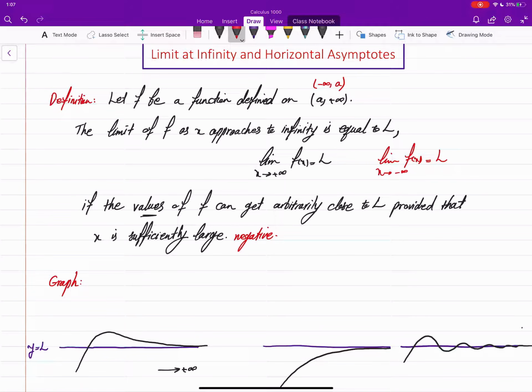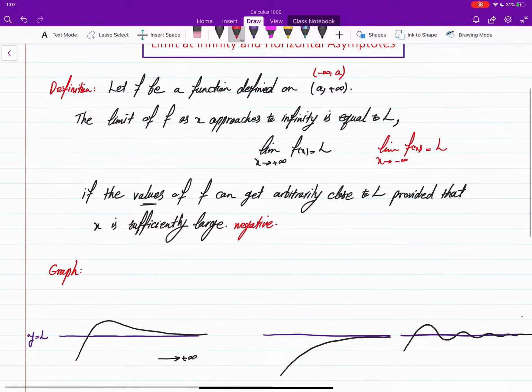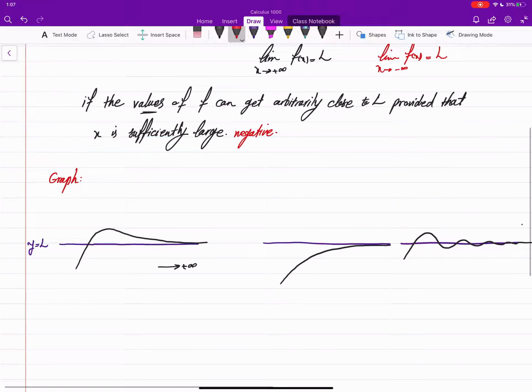The graphs of the function would look something like this, let me draw some red ones. As x goes to negative infinity, this gets closer and closer, or something like this one.